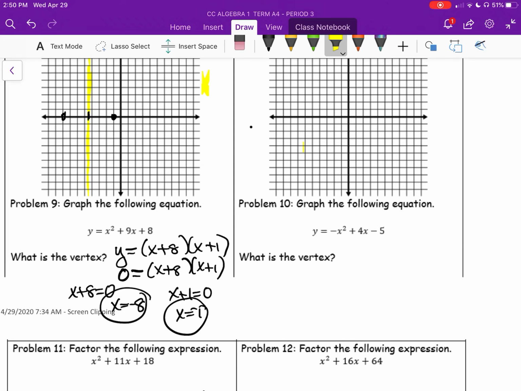And if we just substitute negative 4.5 into our equation, we can get the place that it turns. So my vertex is going to be at y equals negative 4.5 squared plus 9 times negative 4.5 plus 8.